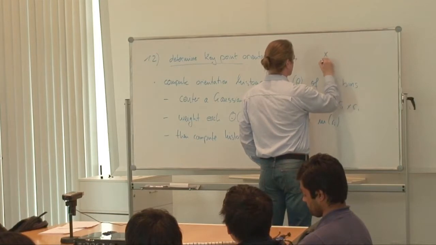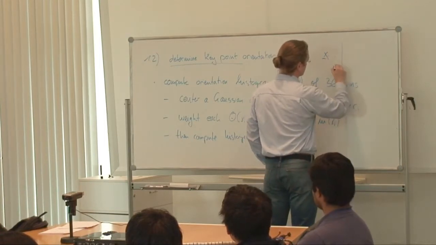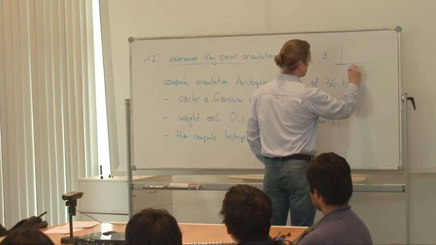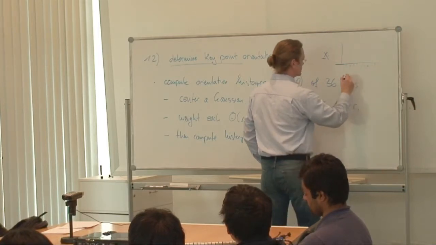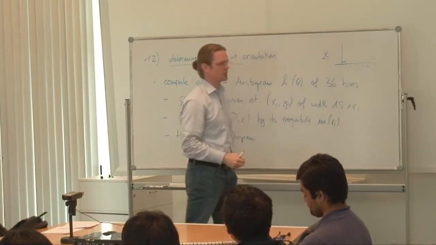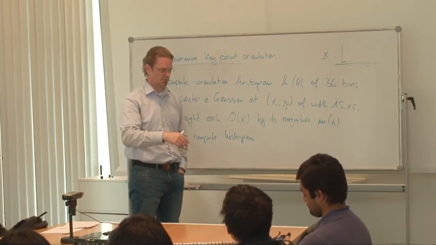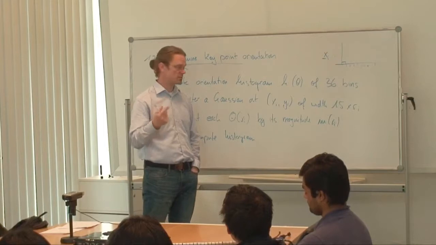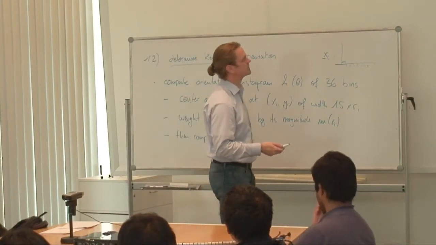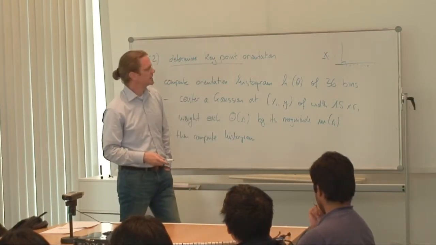So for a point xi, we get a histogram, 1, 2, 3, 4, and so on, 36 bins, where, I don't know, not many pixels have a direction between 0 and 10 degrees, 36 bins, 10 degrees each.